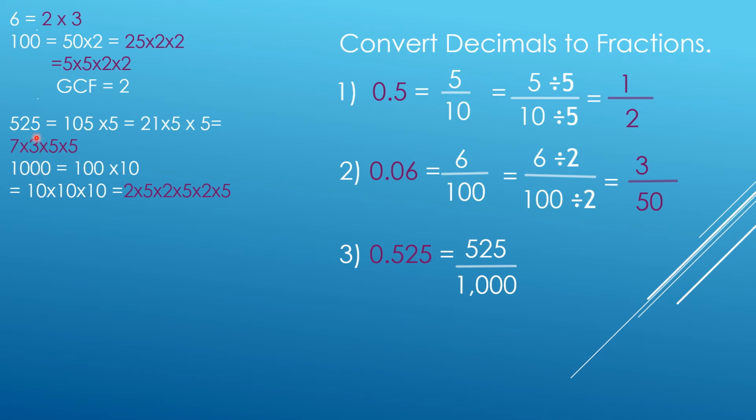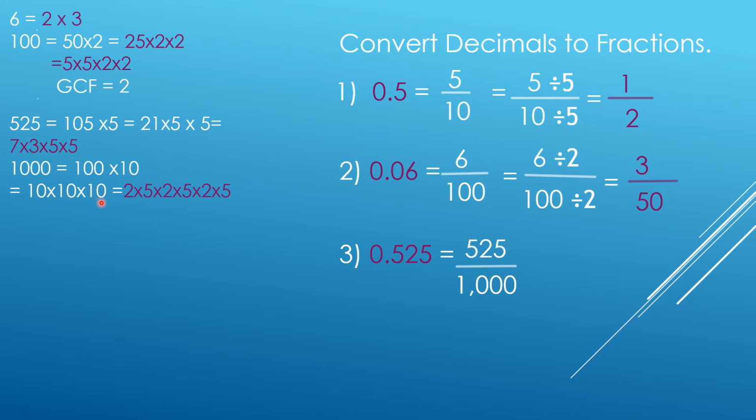Let's say the common factor is 5. So 525 divided by 5 is 105, so 105 times 5. But 105 is not yet a prime number, so you can factor this as 21 times 5. And 21 is not a prime number, so 21 can be factored as 7 times 3. So 7 times 3 times 5 times 5. Now, for 1,000, you know that 1,000 is 10 times 10 times 10.